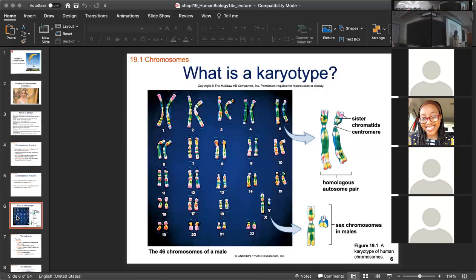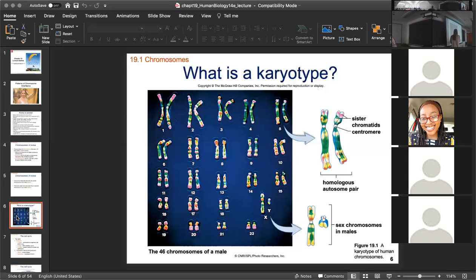But if I were to kind of cover up this X and Y, you could easily tell that this individual is male, because if it was an X, these two in the 23rd location would be the same. So this is an X and a Y because look, the Y is much smaller, okay? But if it was XX, it'd look like this and this. It'd be the same.